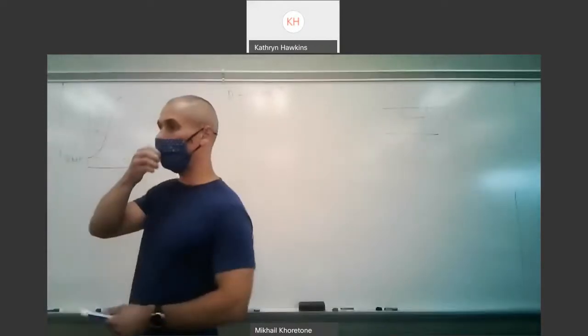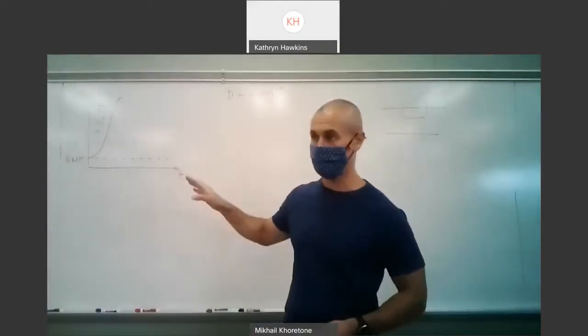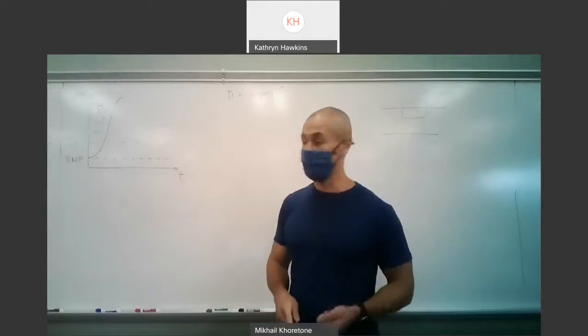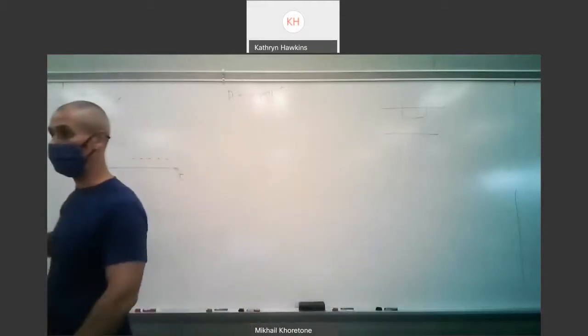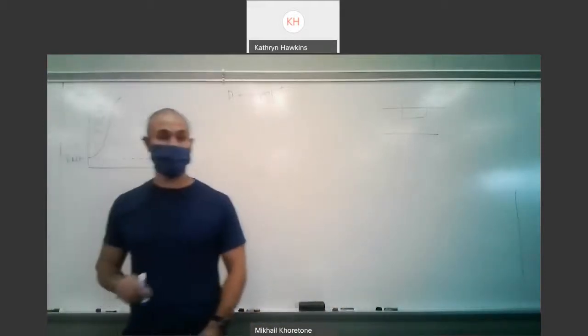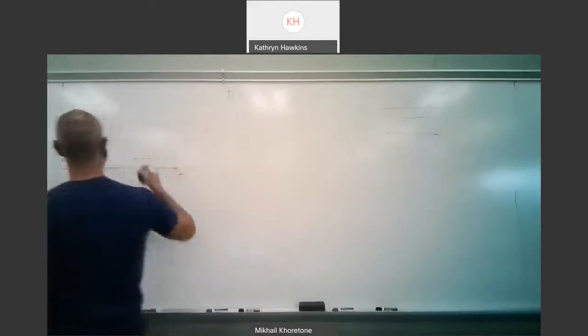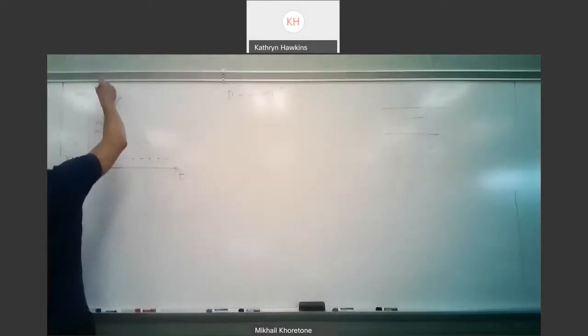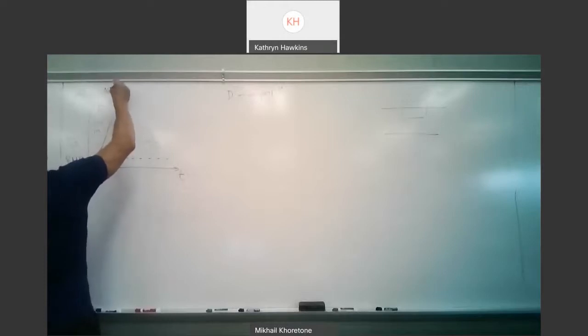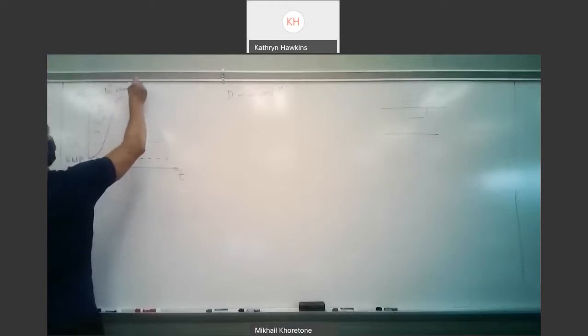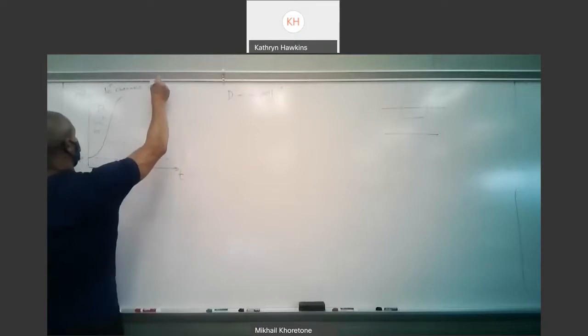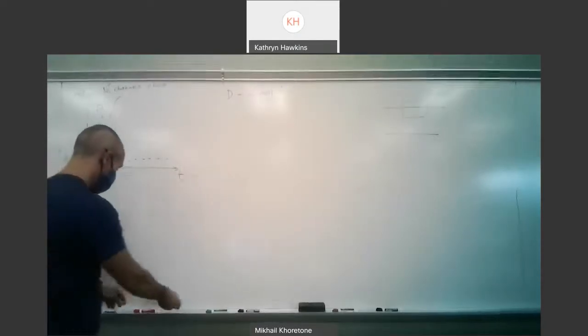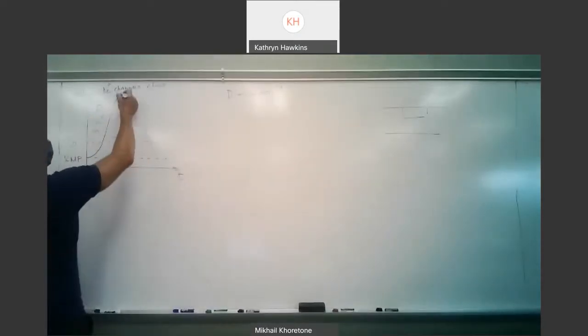That makes sense. Now, all channels here are going to be voltage gated, so you don't have to worry about it. Now, what happens here at the top? Those voltage gated channels, interestingly enough, close. So sodium channels close, while potassium channels open.